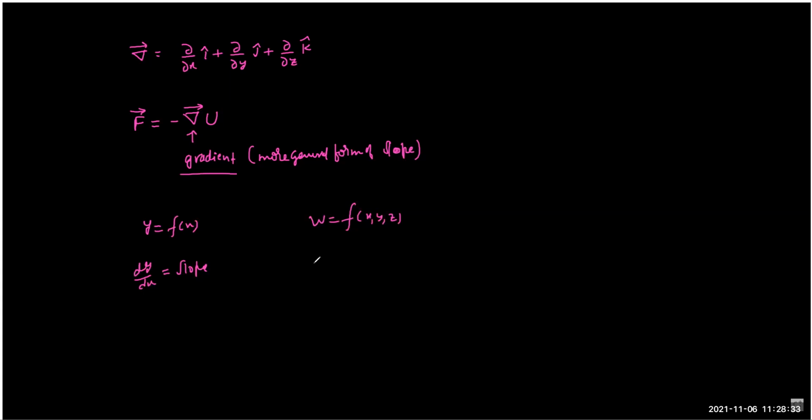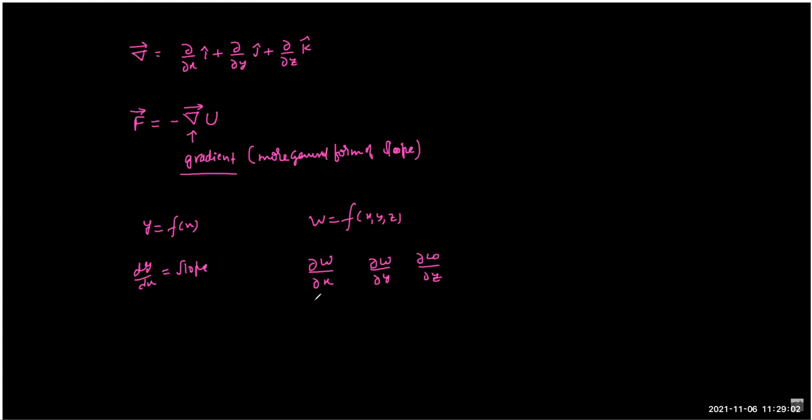So let's say if I walk along the x-axis and I want to see the change in w, this is called a partial derivative, which tells you what is the change in the value of w as you walk along the x-axis. But because we have multiple variables, we can walk in different directions and we can expect some slope.